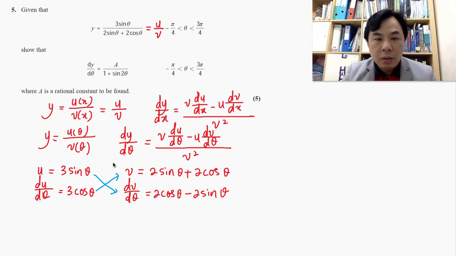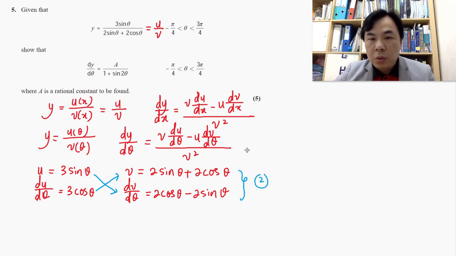Once we have all this set up, all we need to do now is just plug and play. Plug in all these results here. I'm going to label this result number 2, and then substitute it into the quotient rule formula in number 1. I'm going to write it down at the side so that you can refer directly.